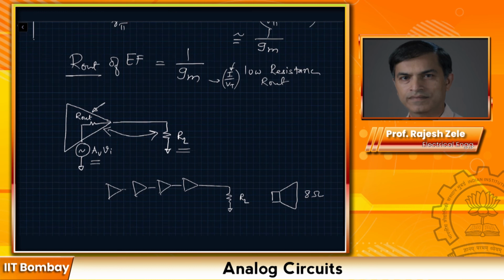Then I can use a common collector or emitter follower amplifier over here so that I can make the output resistance R out of that amplifier really small by increasing the current I flowing through the transistor, and then I can still get reasonable gain. We are going to go through one numerical example based on this.